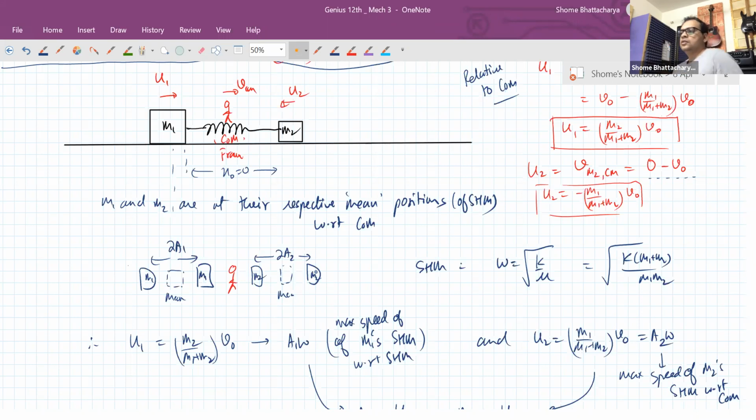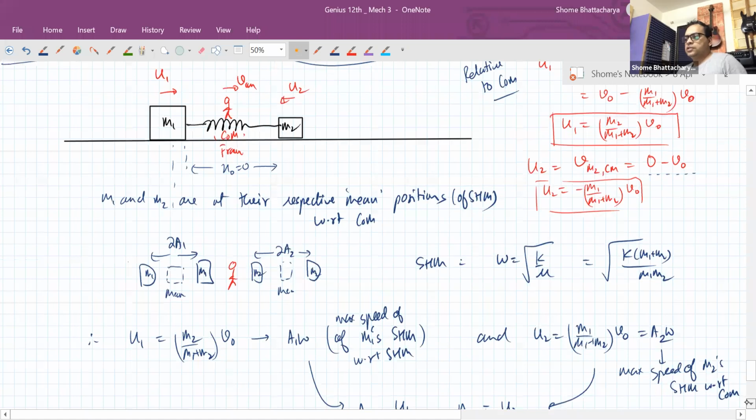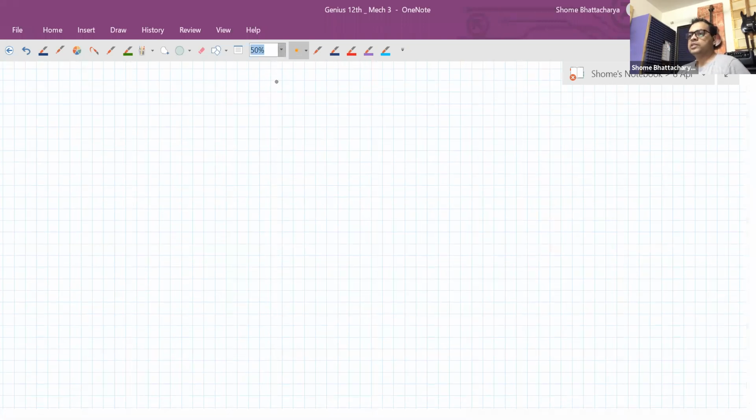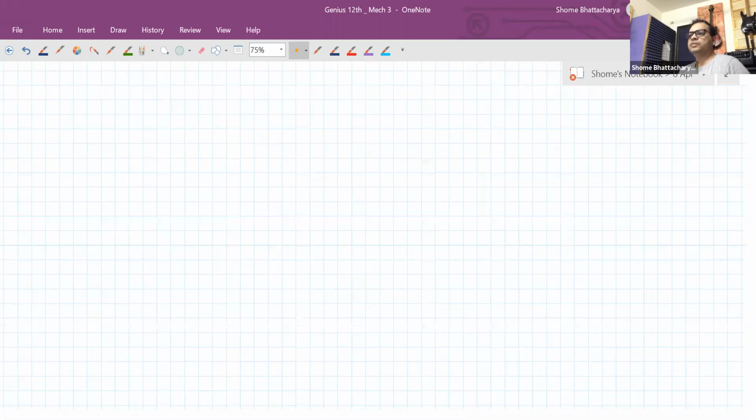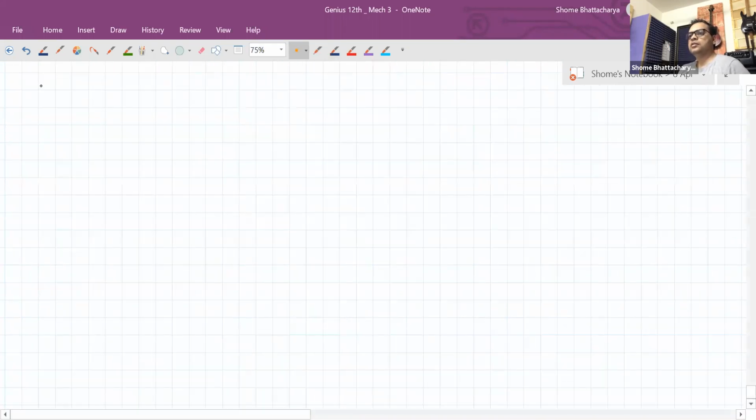Okay. Now for the second part, I'm going to use this approach first, and then I will come back to the fundamental approach. Because for the second part, you will see particularly the fundamental approach is more tricky. So second part, I will calculate first by SHM method.